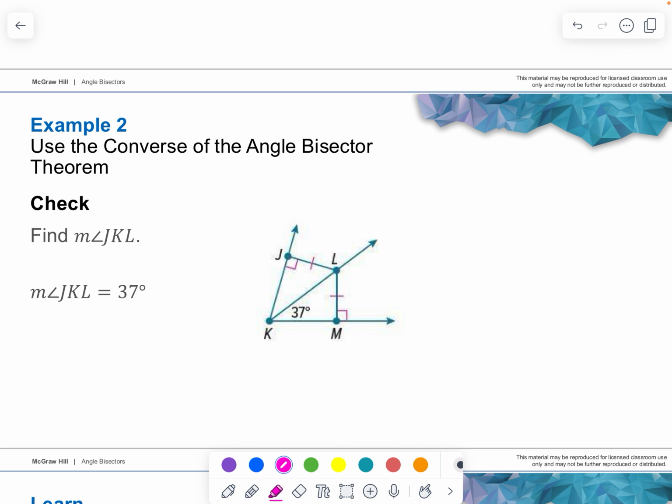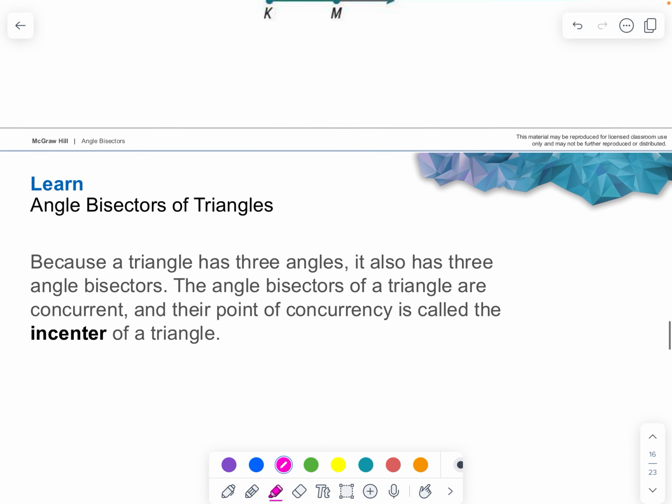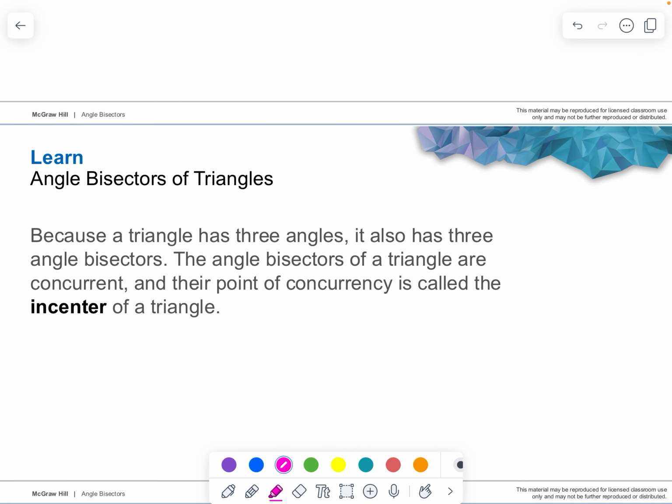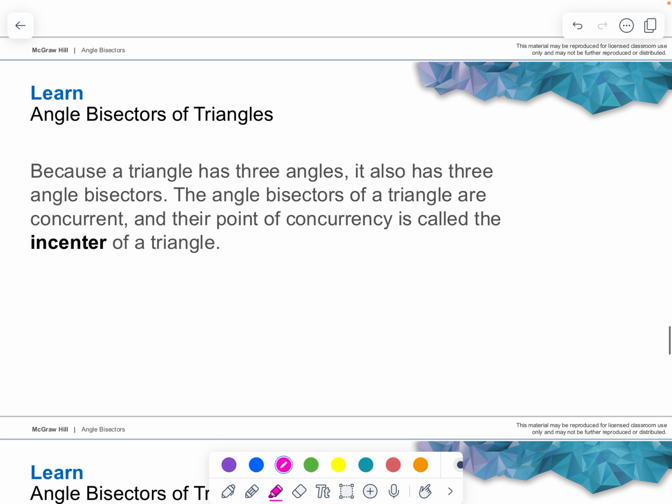All right, now we're going to talk about angle bisectors of triangles. And just like when we talked about perpendicular bisectors, angle bisectors also are a point of concurrency in a triangle. Because a triangle has 3 angles, it also has 3 angle bisectors.